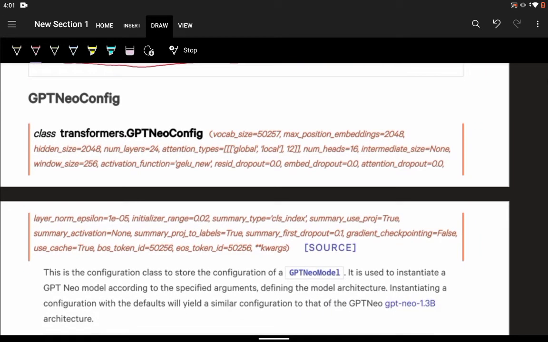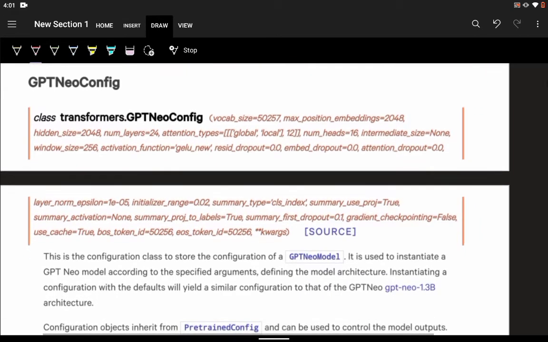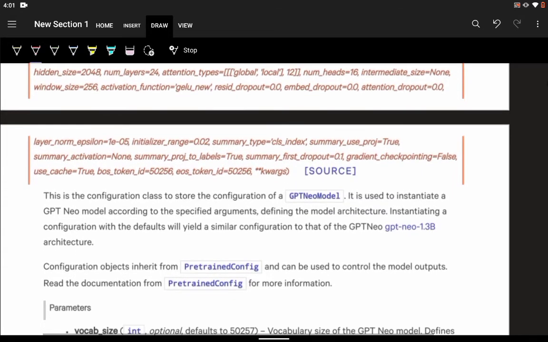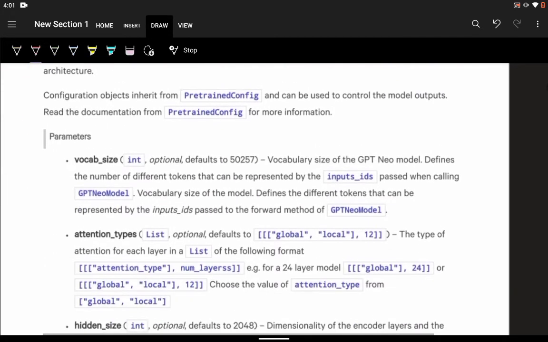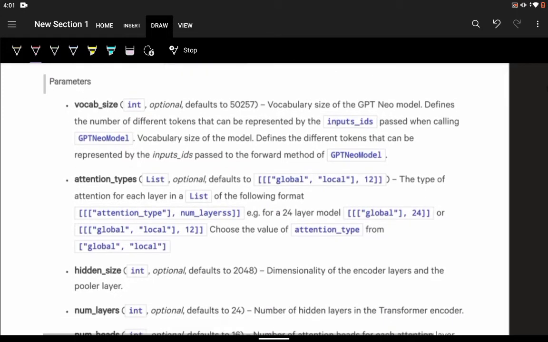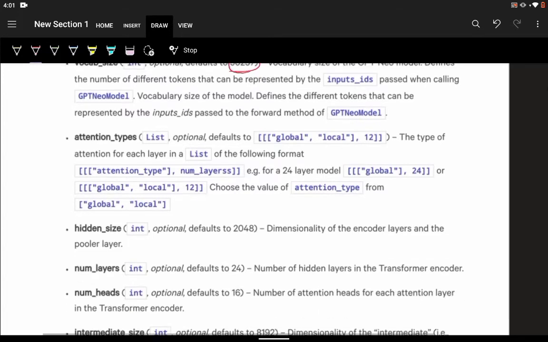Okay, so this is your GPT-Neo config. GPT-Neo config has very interesting figures, as you will see. It has a vocab size of 50,257, which is similar to Roberta, or also similar to normal models as such.